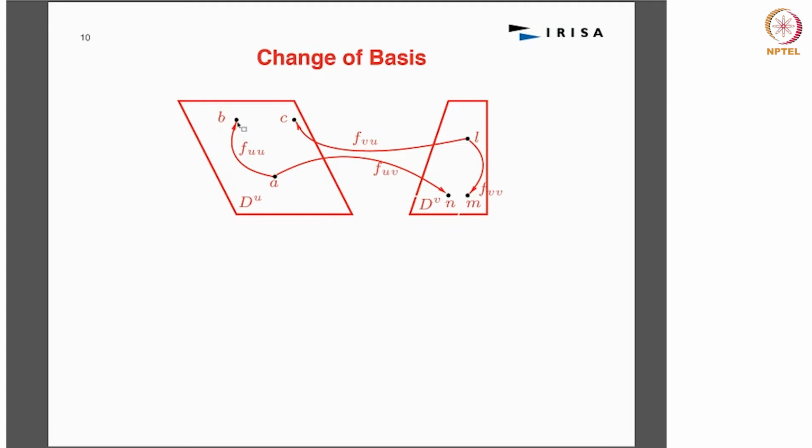That parallelogram on the left represents the domain of the variable U. The trapezoid on the right represents the domain of the variable V. Okay? And I am showing these four arrows. In general, if I take some other point over here and apply f_UU to it, I'll get some other point here. May not be the same as B, may be different.